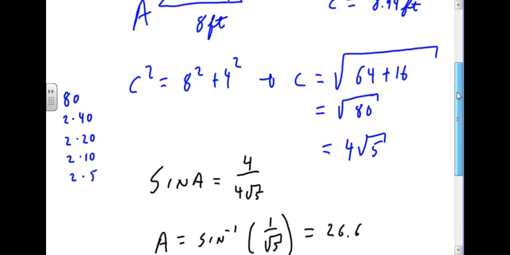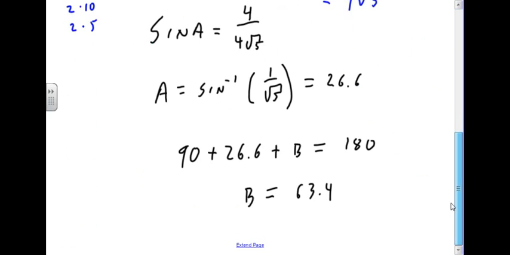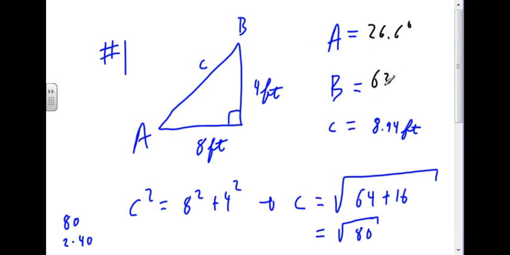So A is 26.6 degrees and B is 63.4 degrees. Add them together, we get 90. A is a smaller angle with the smallest side, and B is a bigger angle with a longer side. Idiot check. We're just checking to make sure we got it right.